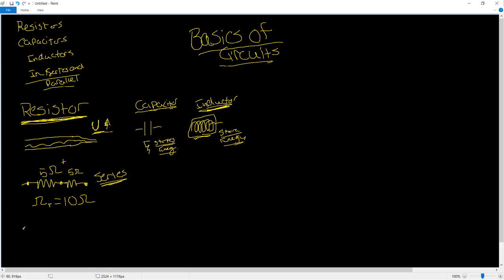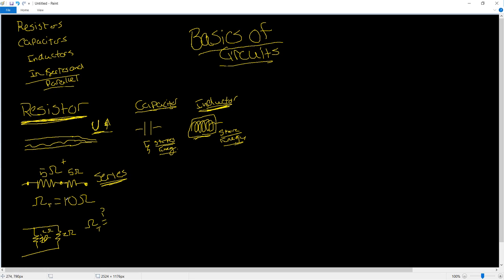So say you have a circuit, and you have a resistor here and a resistor here. Let's go 2 ohms and 2 ohms. What's the total resistance of this circuit?